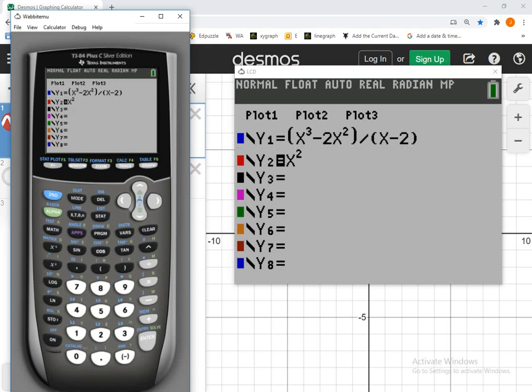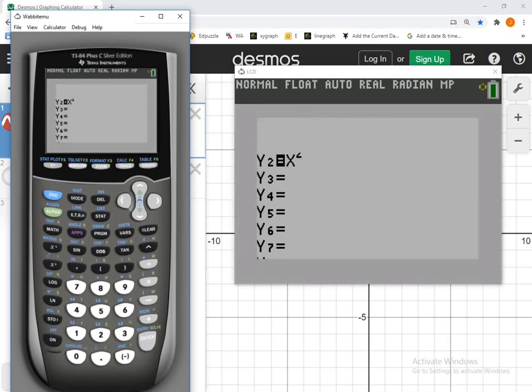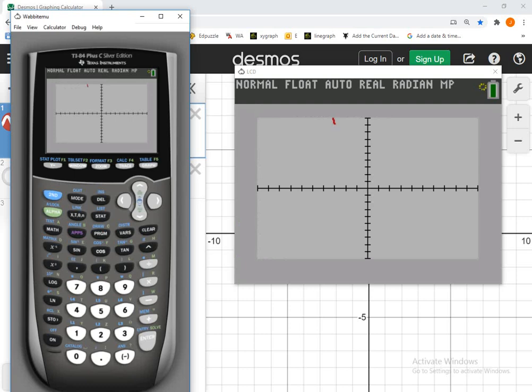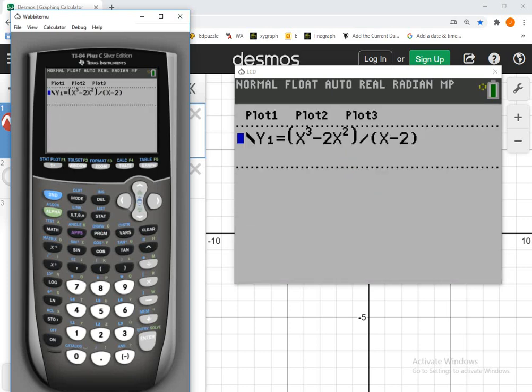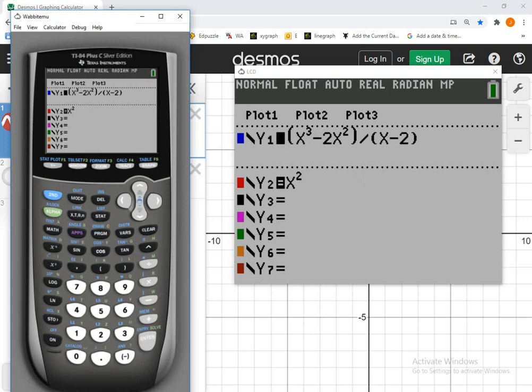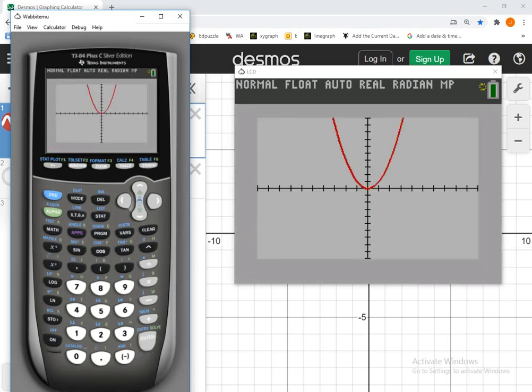So I can type in as many functions as I want. If I hit enter on the equal sign, the ones that are shaded are the ones that are going to be graphed. So if I go graph, I guess that wasn't really all that different, but they are both the same function. Let's see if it graphs the blue on top. Okay, so you see, they're the same.